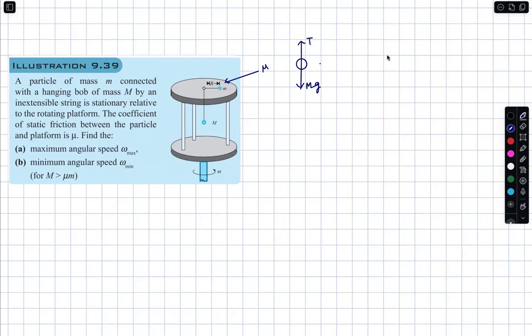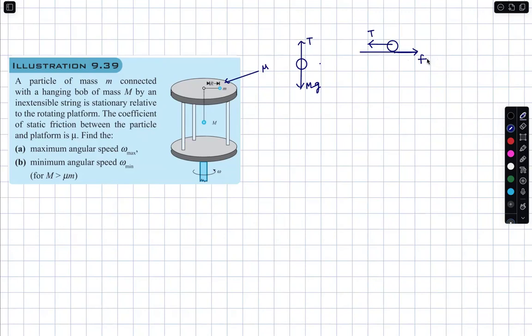Hold on. And this is the point mass on the table. And this is the tension force. And this is the frictional force.